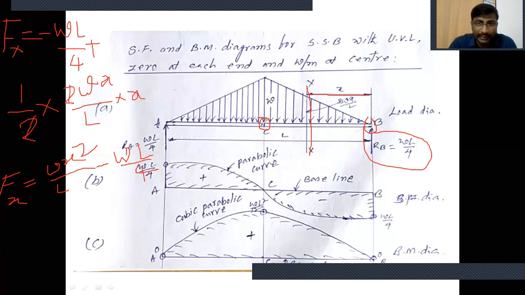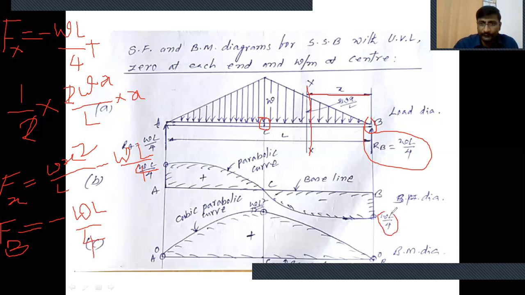By substituting L by 2 in place of x, we can get the shear force at C. By substituting 0 in place of x, we can get the shear force at B. So with x equal to 0, this term is 0, and minus WL by 4 is the shear force at B. Whenever we write B in the suffix, the x value is 0. So the shear force at point B is WL by 4.